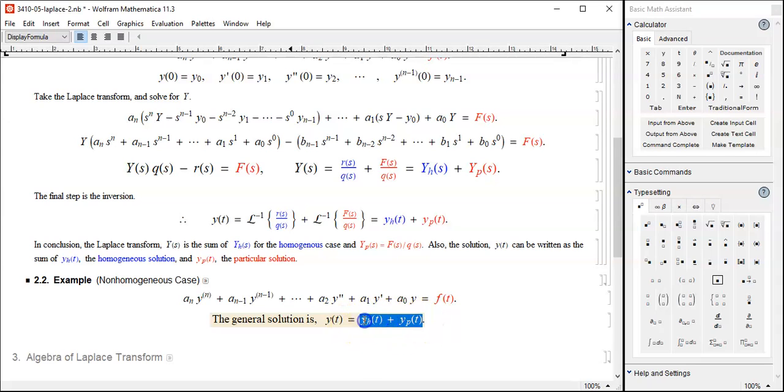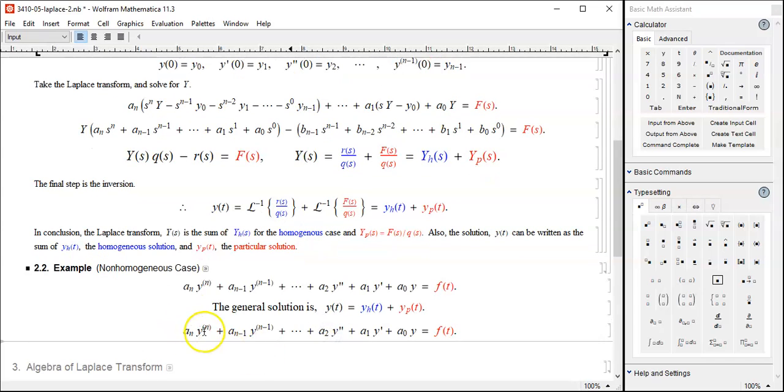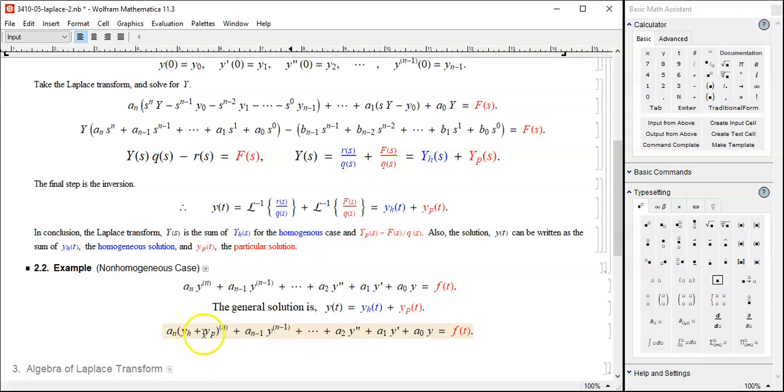So if I plug in this expression in place of all these Y's, then we have to have this equation because this is a solution, all right? So let's plug that in. So here, let's write this thing as YH plus YP, and then this is blue and that's red.